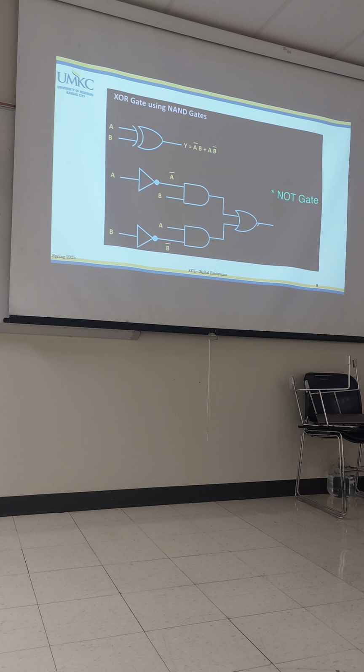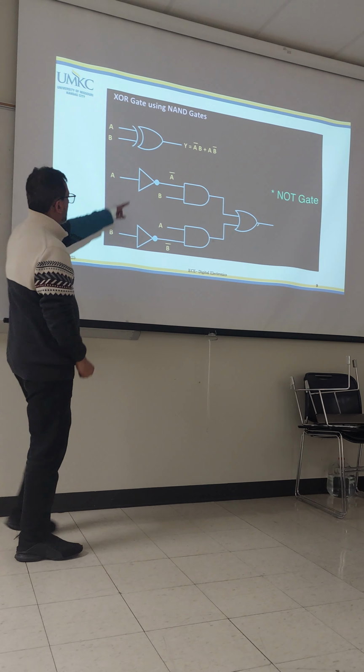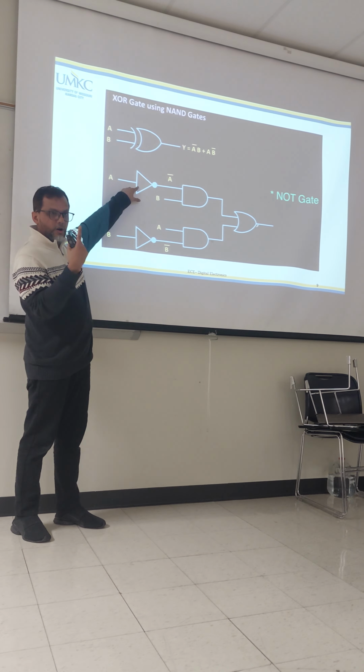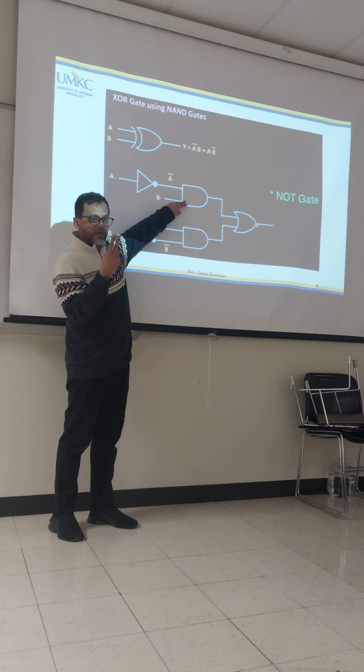Now we already know how to implement the NOT gate using NAND gates, how to implement the OR gate, and how to implement the two-input AND gate. So how many do we require? For the NOT gate, the inverter, we need 1. So 1 plus 1, 2. For the AND gates, we need 2 each, right?